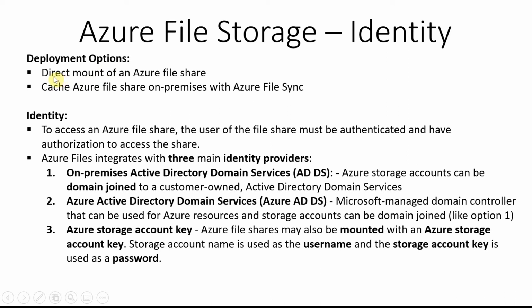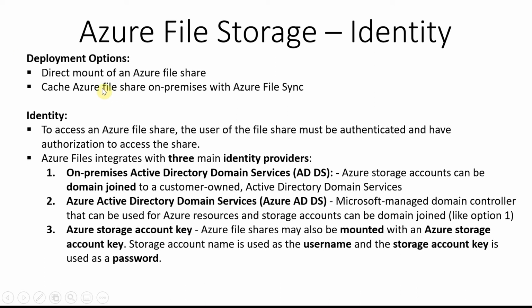The first is a direct mount of an Azure file share. People from Linux know what a mount is: it's like another drive, like a C drive or D drive. You can associate a storage drive. For example, an external hard disk is a mount in a Windows operating system, and it will come up as a D drive or an E drive.